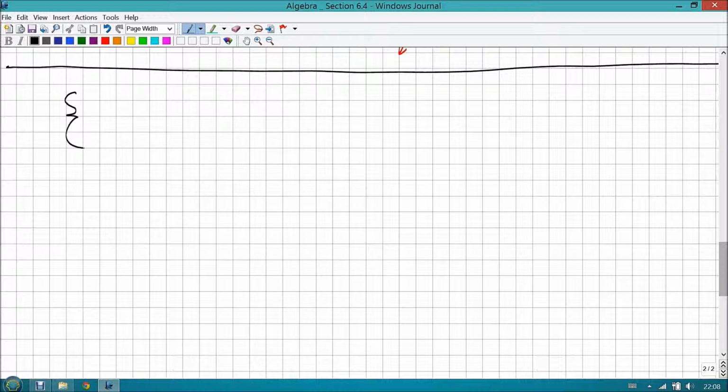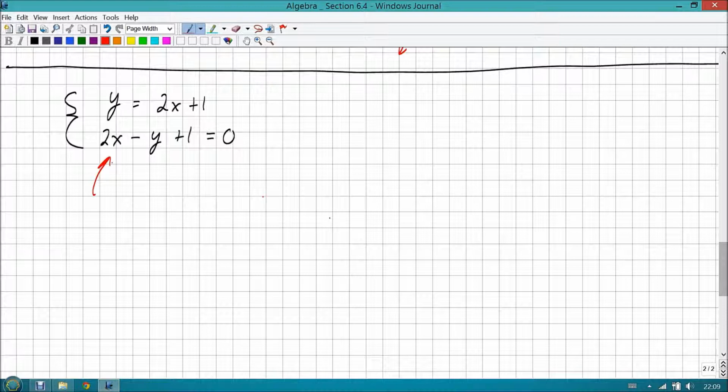If we remember, we had y is equal to 2x plus 1, and we also had 2x minus y plus 1 is equal to 0. I'm going to use this same system of equations, only I'm going to take my bottom equation and solve for y.